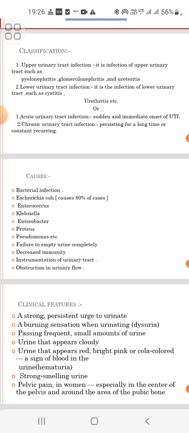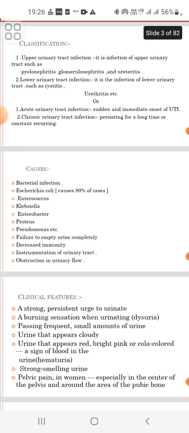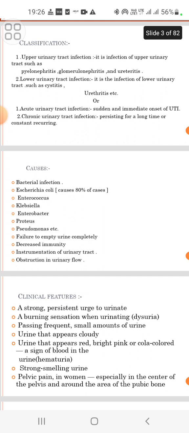But here the person instantly has the desire to pass urine, an immediate urge to void. Along with that, the person may have dysuria. Dysuria is a burning sensation: at the time of voiding, at the time of passing urine, the person will have a burning sensation. That is called dysuria.